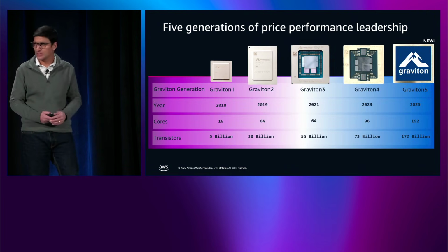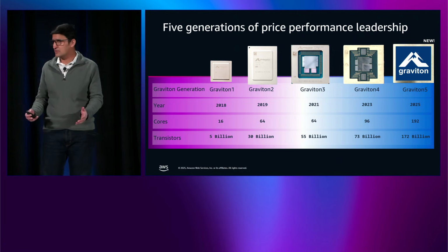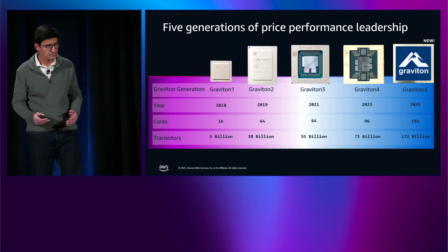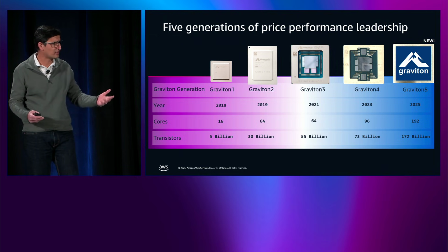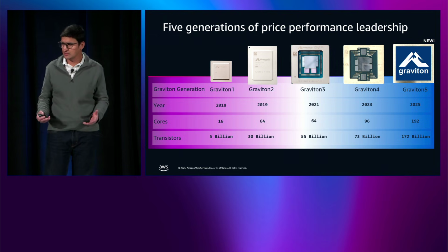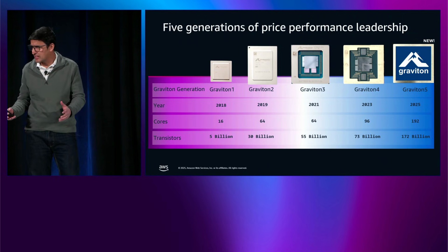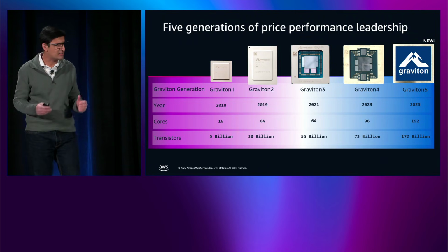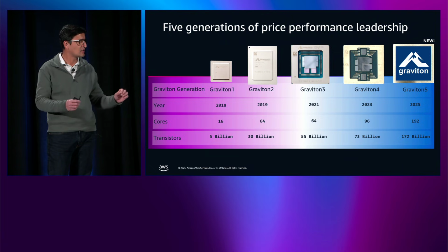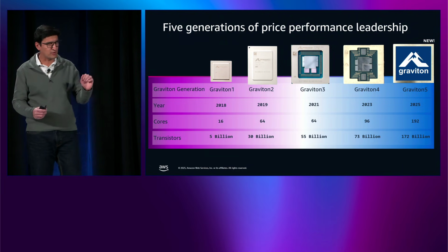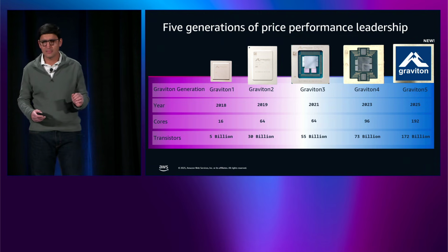With the launch this week, we now have 5 generations of Graviton that are available. The first generation was Graviton 1. We launched that in 2018 with 16 cores. It was great for scale-out microservices, and it introduced for the first time a low-cost, efficient, and performing chip in EC2.